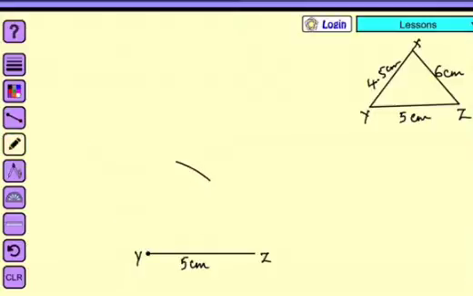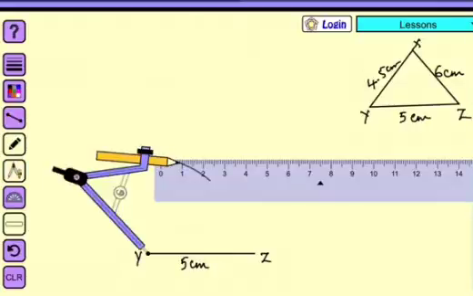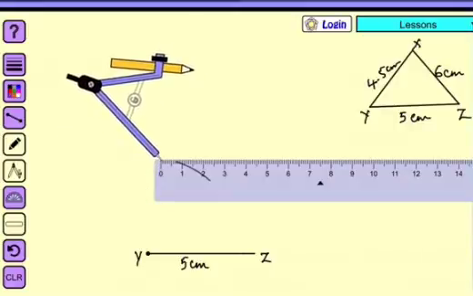Now from Z, with Z as center, we will have to draw an arc of radius 6 centimeters, because XZ is equal to 6 centimeters. So again, we'll just take the measurement.